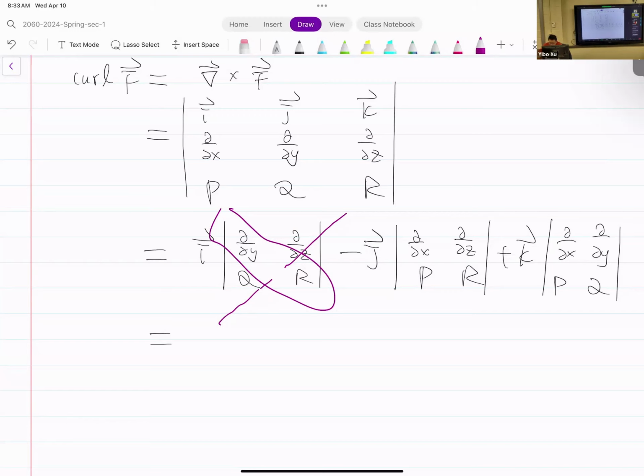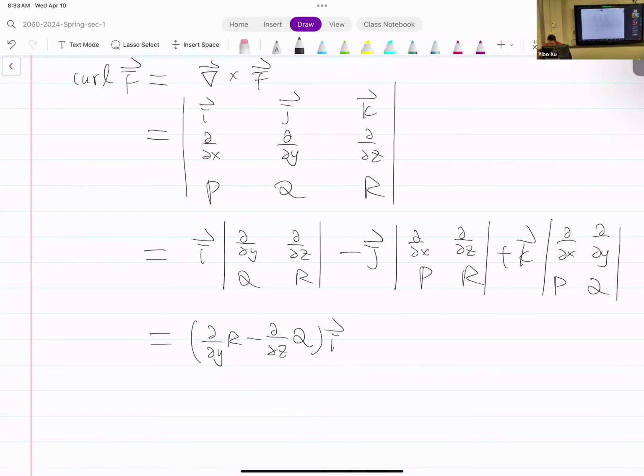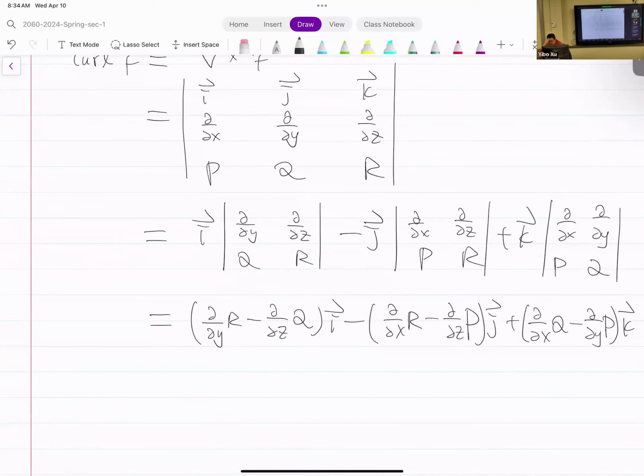That's just saying I'm doing the partial with respect to z of this Q. So this is exactly del y of R minus del z of Q multiplying with i, minus, and we put the bracket, which is the result for the other 2 by 2 determinant, del x of R minus del z of P, and finally plus del x of Q minus del y of P. So this is the way to write down the calculation if you want to put everything explicitly.